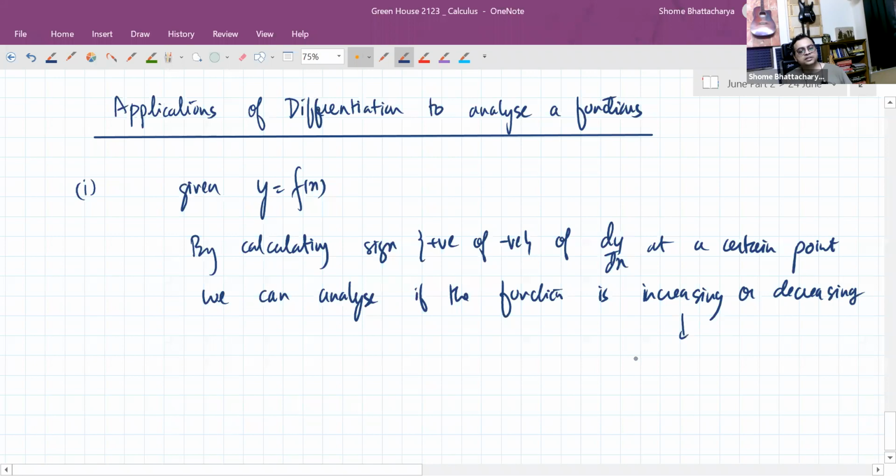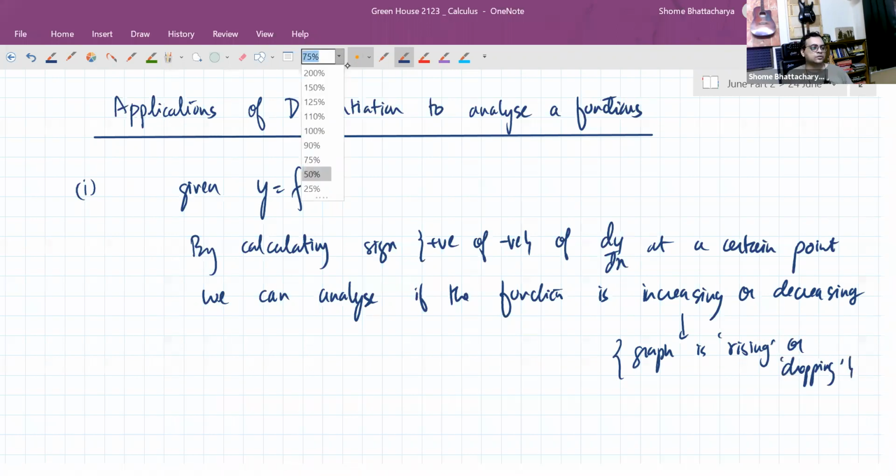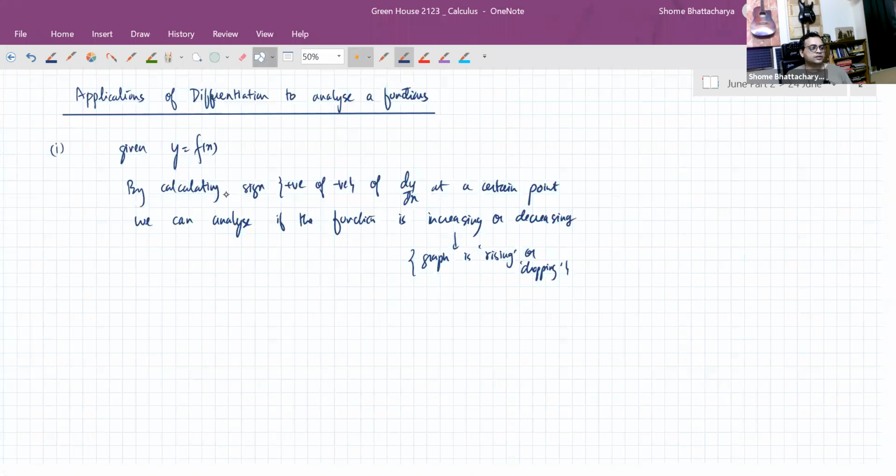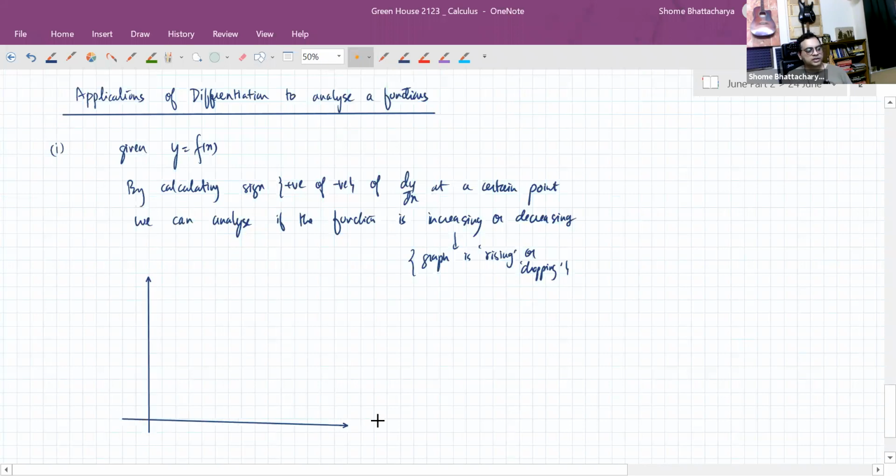Another way of expressing this is that the graph is rising or dropping. This is best explained by showing it on a graph itself. Suppose I have some kind of function which, when I plot the graph over a certain set of values of x, is rising, then dropping, and then maybe rising again.